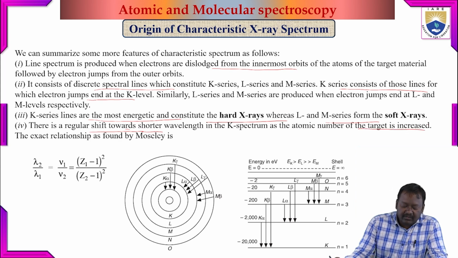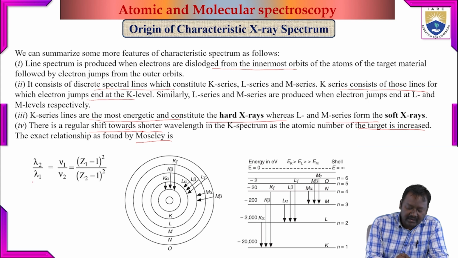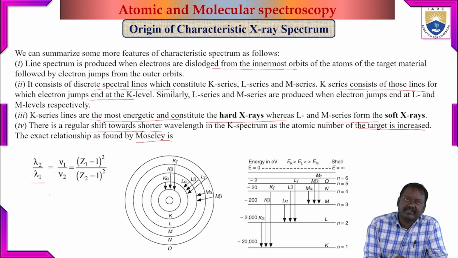The relation found by Moseley between the wavelength of the emitted X-ray photon and the atomic number of the target material is given by lambda 2 by lambda 1, and it can also be related to the frequency of the emitted radiation of the X-ray photon, as it is inversely proportional.